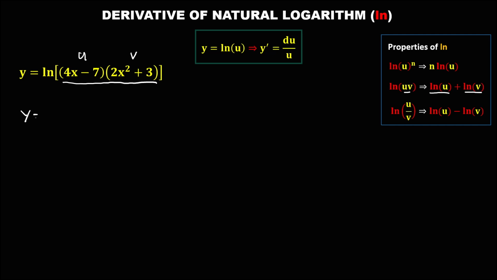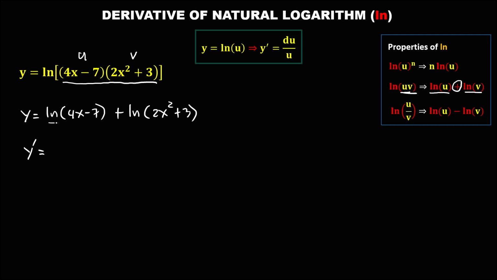So we have y equals ln of 4x minus 7, then plus, for the product property, ln of 2x squared plus 3. Then this time to find now the derivative for every term.